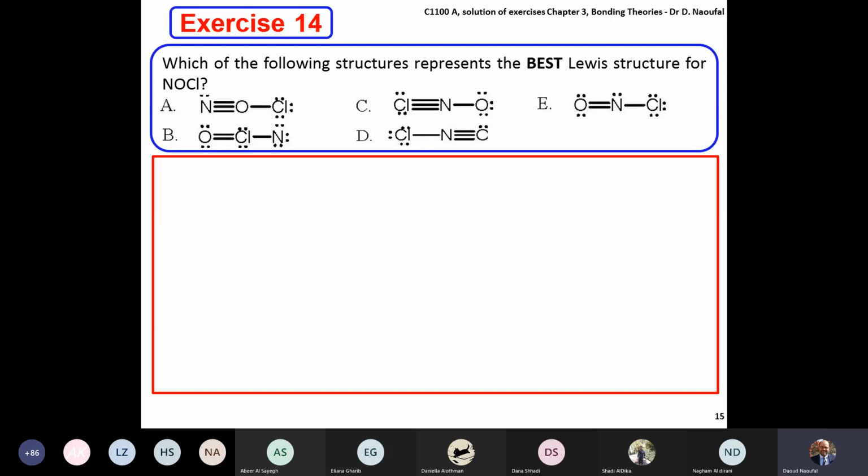So for several possible Lewis structures, we choose the best by calculating the formal charge of each atom in the structure. The formal charge is equal to the valence electrons minus the non-bonding electrons minus half the bonding electrons, or I can write it as minus the number of bonds.